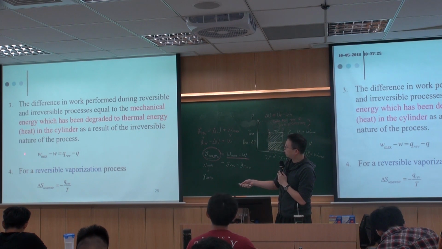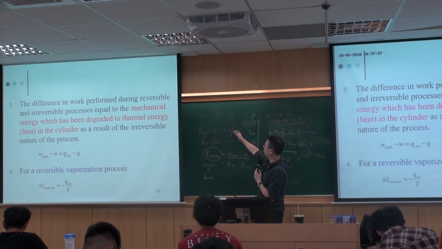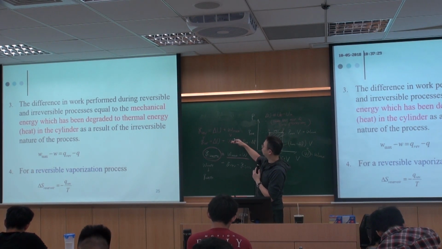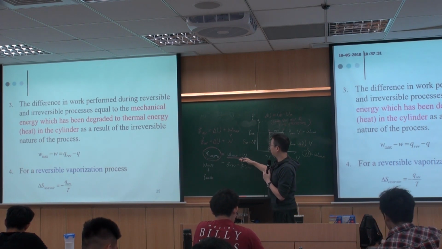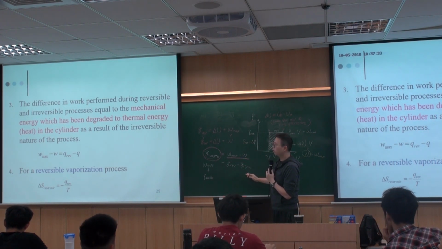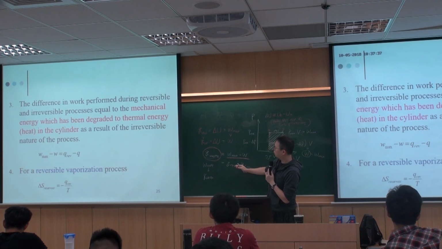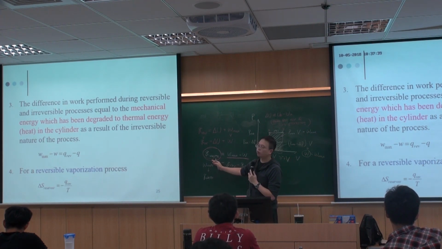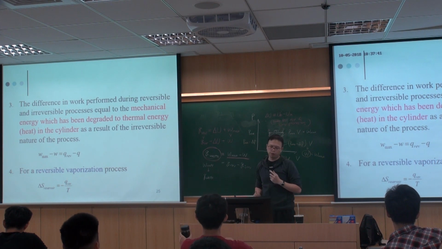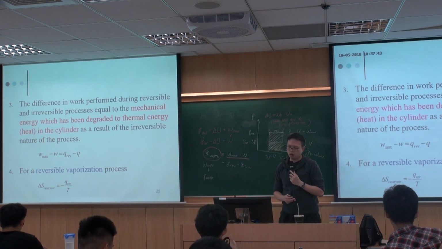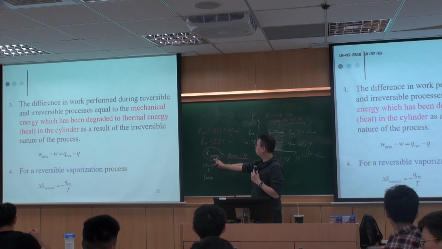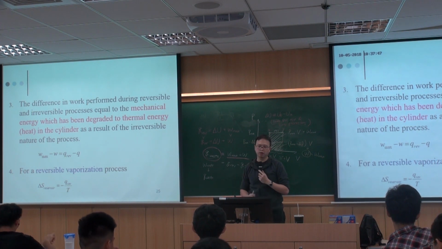Therefore, this equation is simply by subtracting these two, and you'll end up with the formula over here. And of course, the textbook doesn't state that this is Q waste, but this is just easier for you to understand that this waste is coming from the work that's been degraded.